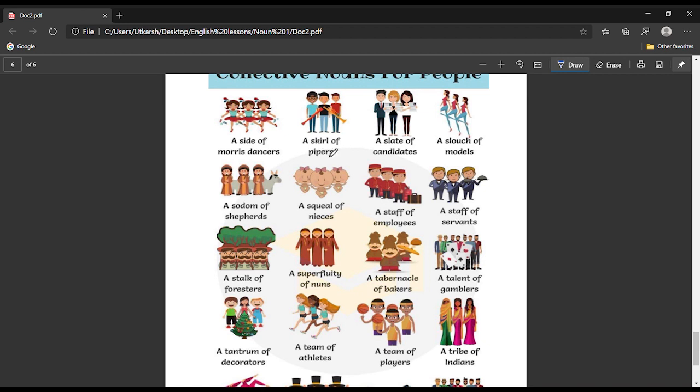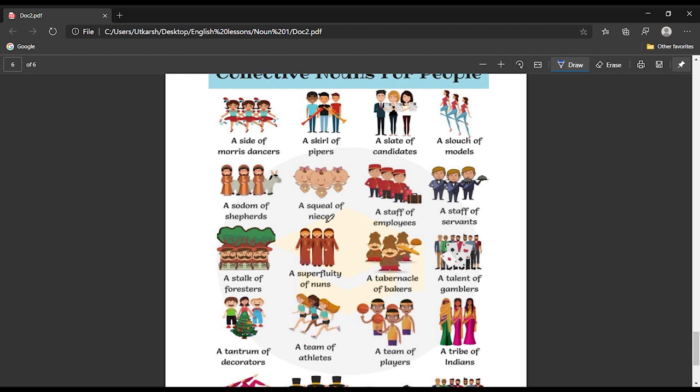A group of these people, a skirl. A slate of candidates, very many candidates are applying for the job, so you can say a slate of candidates. A slouch of models. On a ramp walk, very many models are walking, so you can say a slouch of models. A sord of shepherds, a group of shepherds.